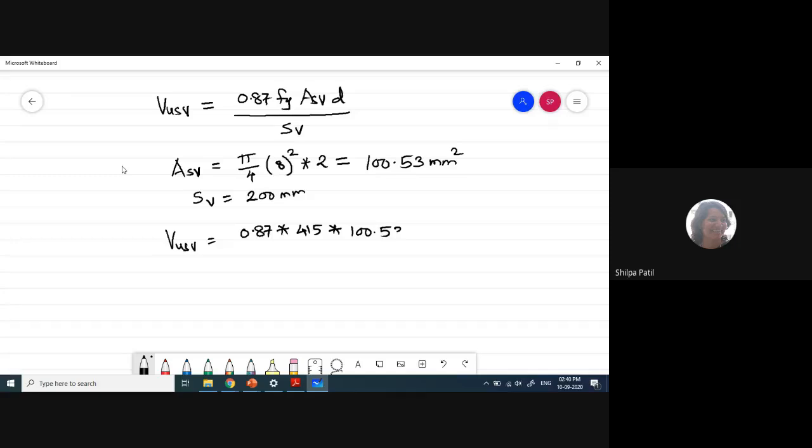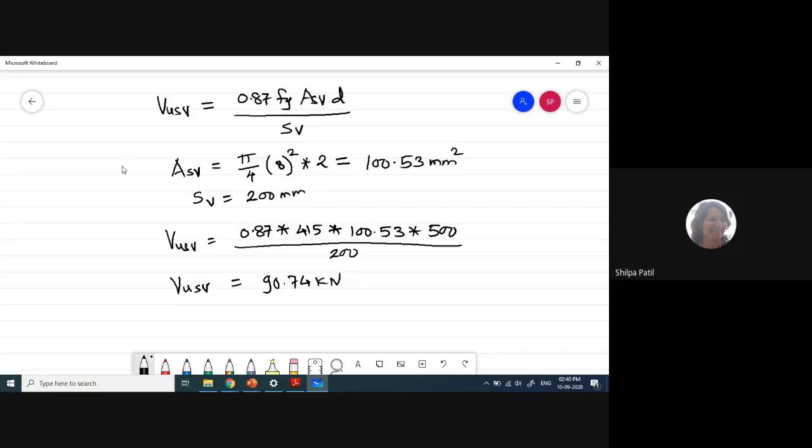Into 100.53 into effective depth is 500 divided by 200. So find out VUSV. 90.74 kilonewton. Okay, this is your VUSV.